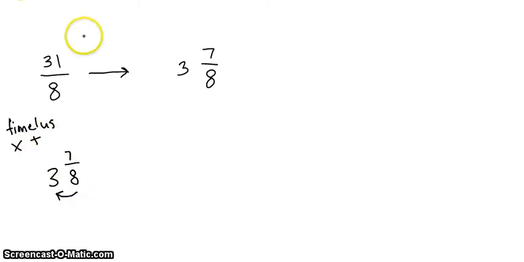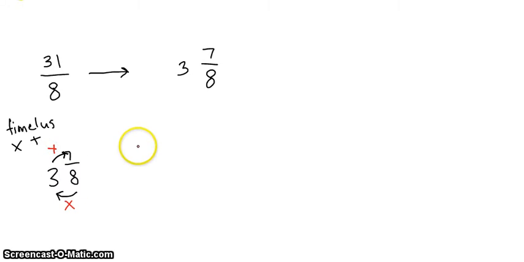So here we're going to times the bottom number, 8, by 3, and then we're going to add that to 7.